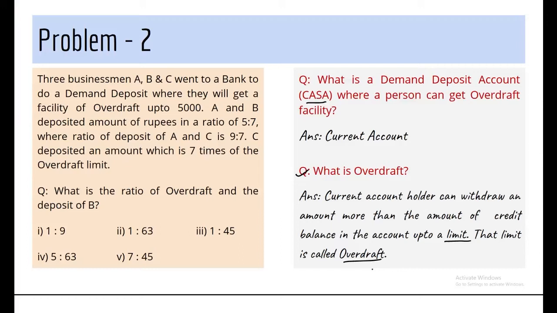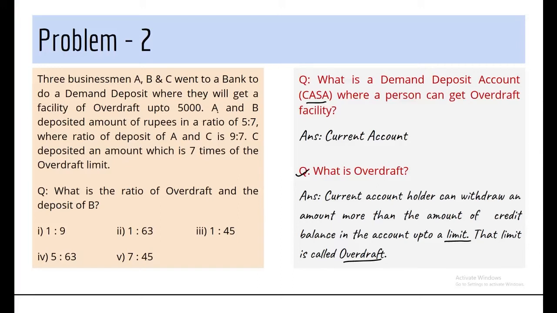Even if you have 0 balance in your account, you can still withdraw money up to that particular limit. That limit is called overdraft. So here the businessmen will all get overdraft up to 5,000, and we need to find out how much money they deposited in the account with this ratio, and we have already got the amount deposited by C.